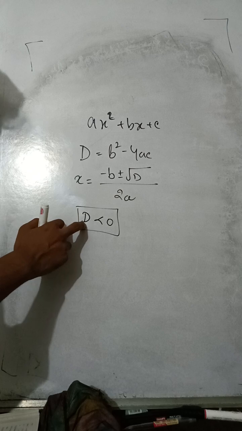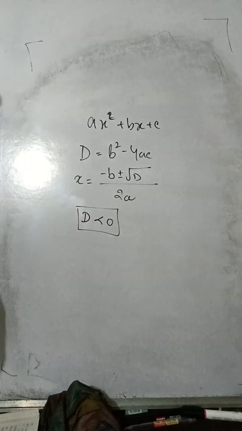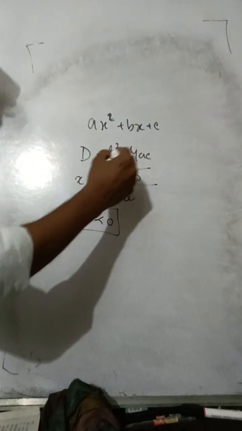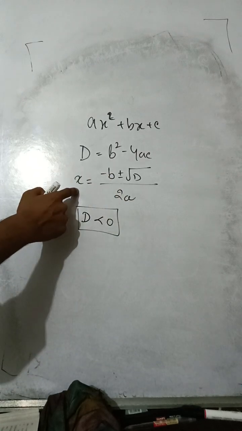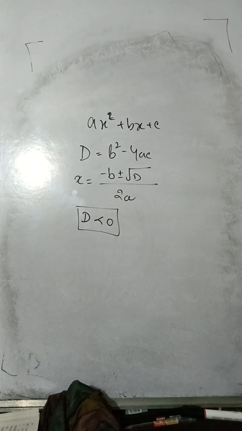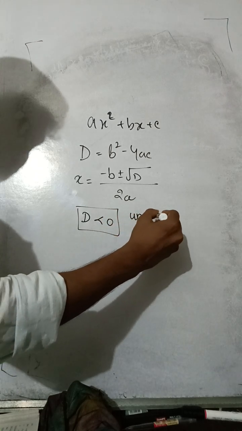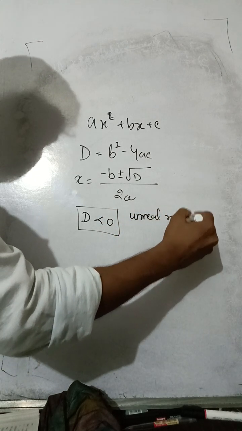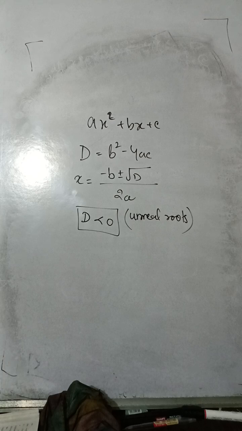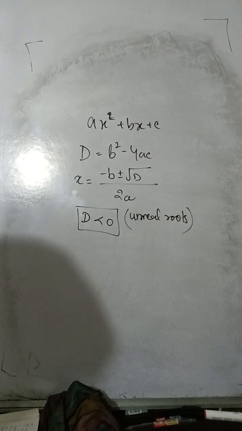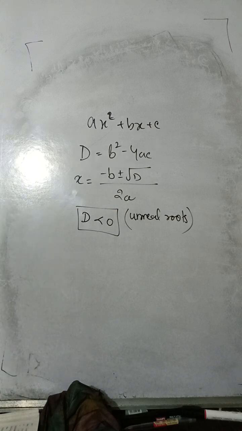If this D is negative, then x will be unreal, right? We will have unreal roots. This is something that you already know from class 10, I believe, or class 9 probably. So, if D is negative, then we will have unreal roots.